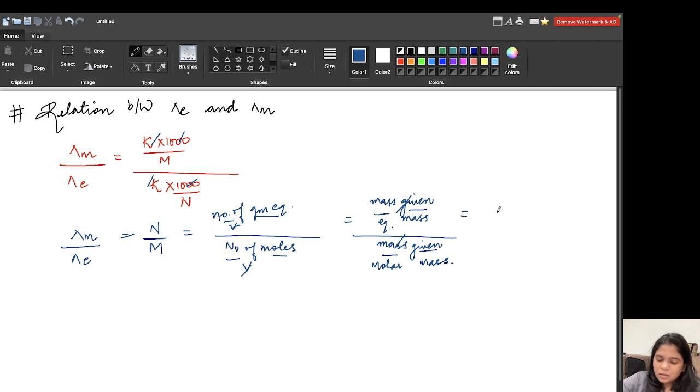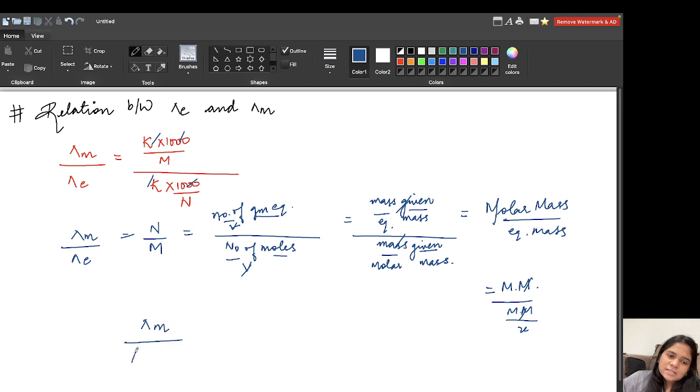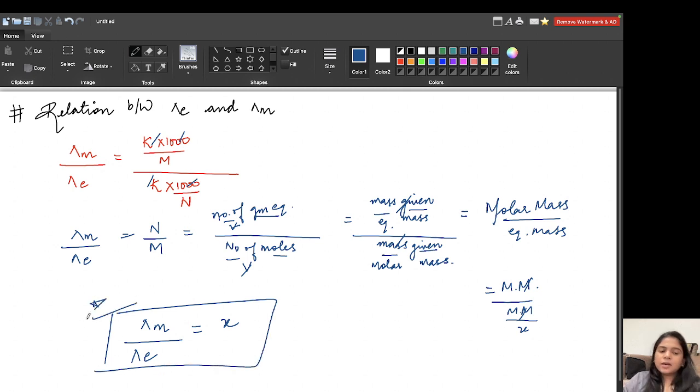Molar mass by equivalent mass, right? Equivalent mass is molar mass divided by X. So this and this get cancelled. This X comes above. So lambda M by lambda E will be equal to your X. This you need to remember.